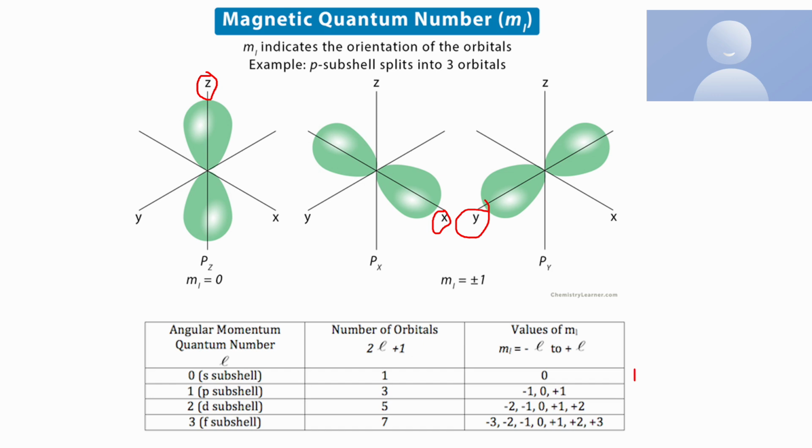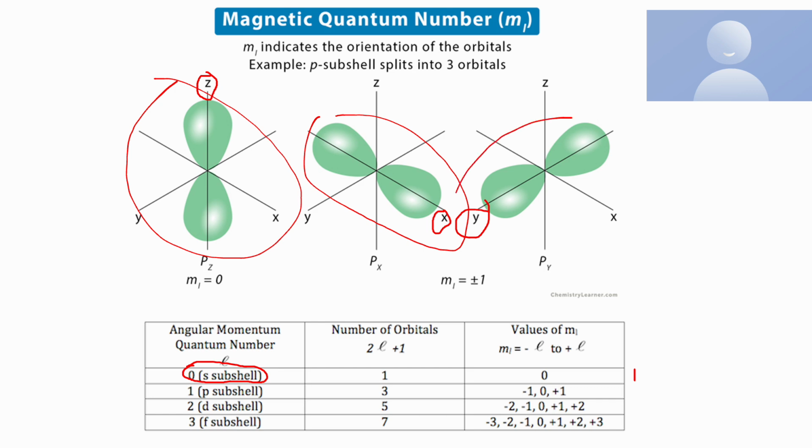So this is representing your magnetic quantum number, all of your orientations. The 0 is saying you can have one orientation for your S subshell. And if you think about it, it's because S is a ball. Any way you move that ball, it's going to look exactly the same. You got 1. That's what all these fancy numbers are saying. For these dumbbell shapes, you can have 1, 2, 3. It can be on the x-axis, the y-axis, and the z-axis.